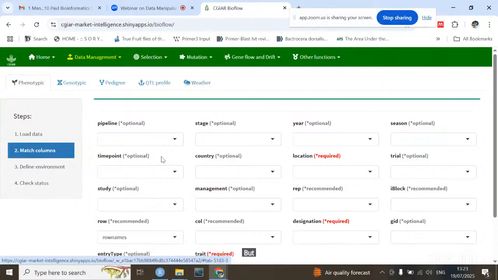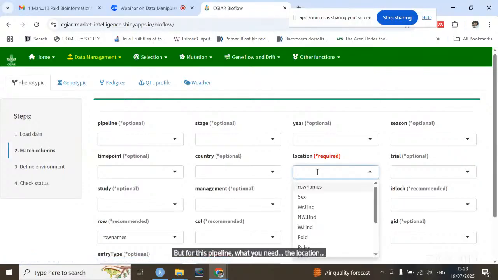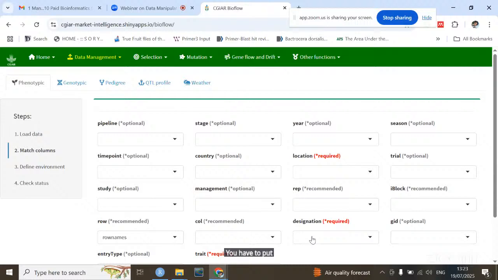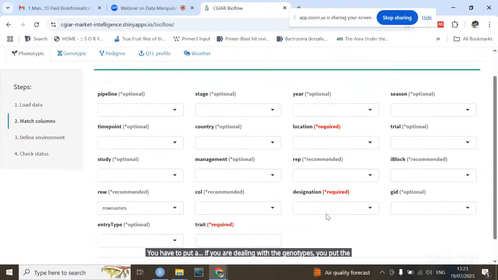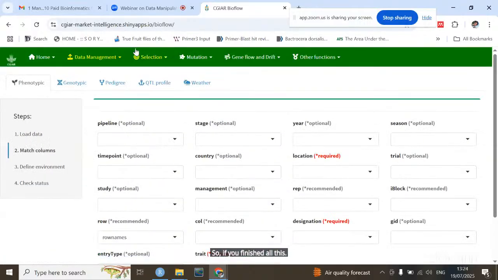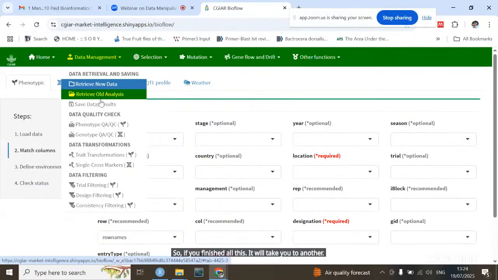But for this pipeline, what you need is the location. For instance, if you are doing a multi-location trial, you have to put the location. If you are dealing with genotypes, you put the genotypes here. Then the traits you're dealing with. Then you can proceed. If you finish all this, it will take you to the quality check.